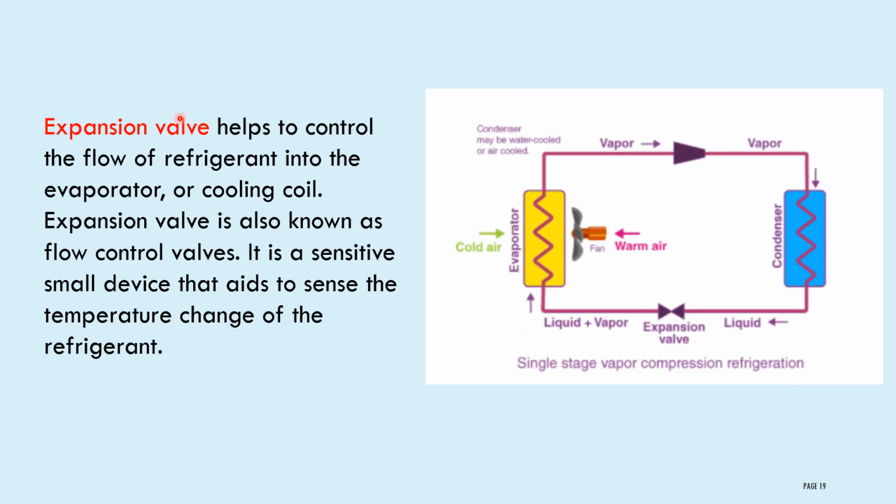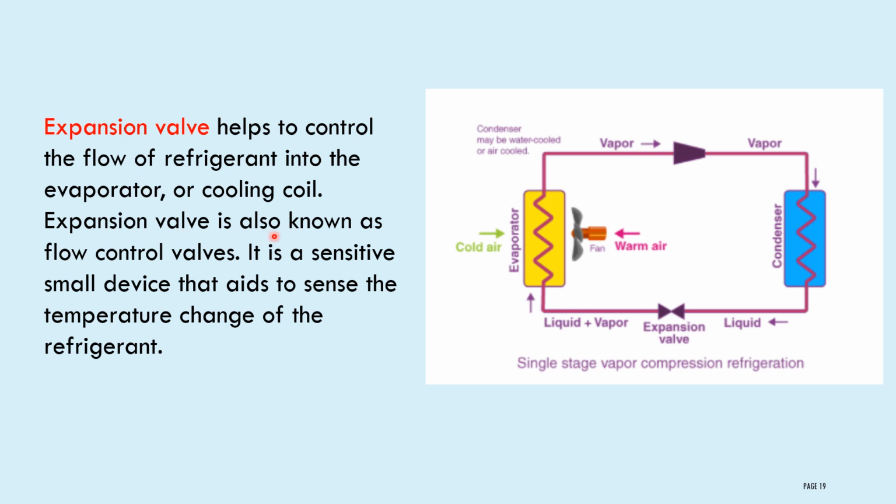Next one, the expansion valve. This is the expansion valve, which helps to control the flow of refrigerant into the evaporator or cooling coil. You know, the refrigerant makes the refrigerator cool and maintains its temperature. This expansion valve controls the flow of refrigerant into the evaporator or cooling coil.